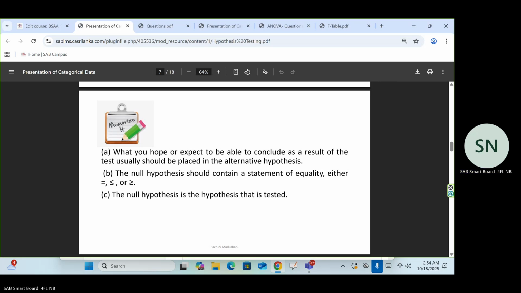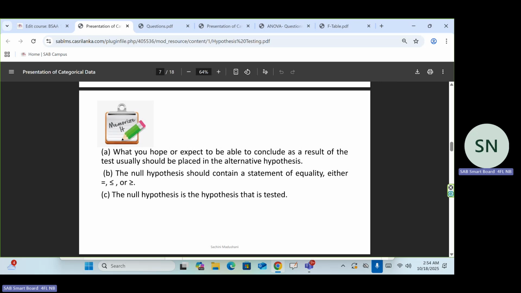Okay. Then B, the null hypothesis should contain statement of the equation. Then normally in the null hypothesis we can use equal, less than or equal, or greater than or equal. ලියනකොට හැමතිස්සෙම ඔය තුන් දෙනාකින් එක්කෙනෙක් තමයි equal, greater than or equal, less than or equal. It's clear? Third point says the null hypothesis is the hypothesis that is the tested.